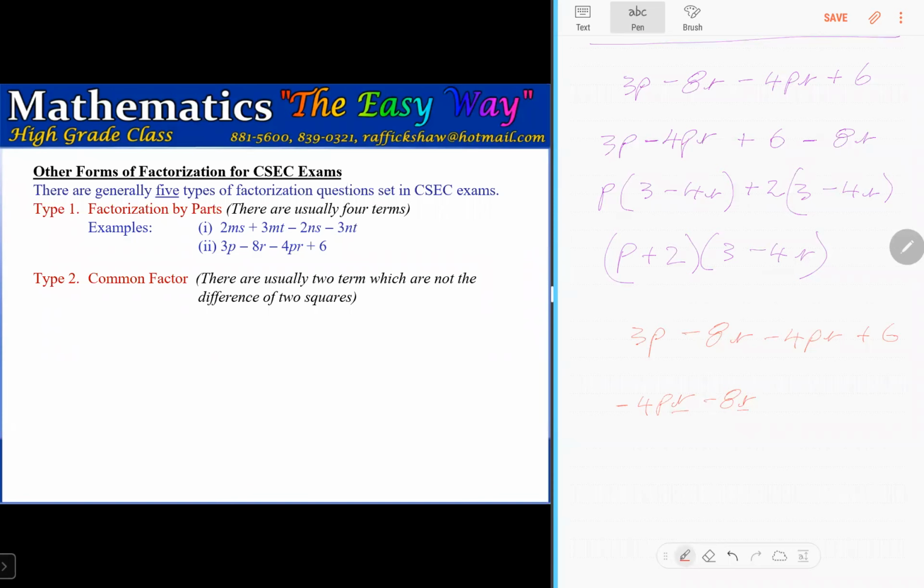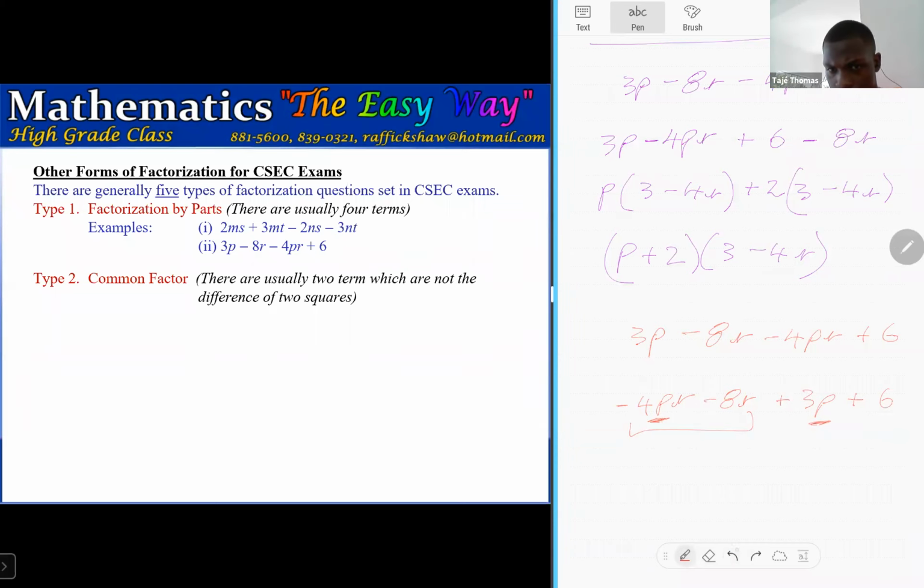Now, if you do it that way, they have these two values to put down. In that case, you'd have to put plus 3p plus 6. Why do I have to put plus 3p plus 6? Because the p comes in front of those two, so p must come in front of those two.